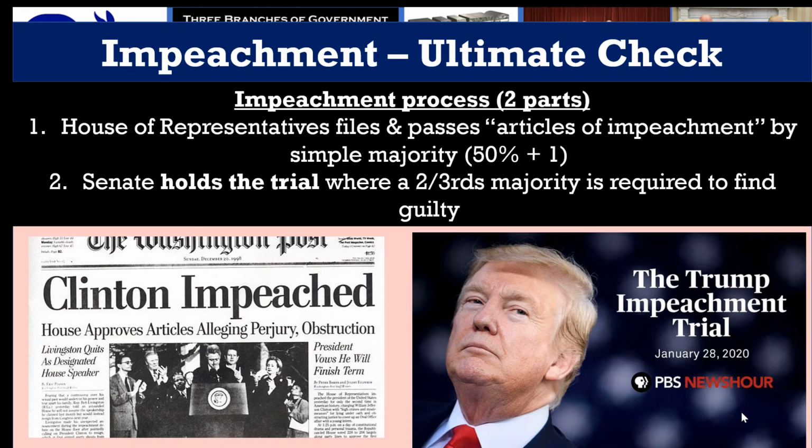While some federal judges have been impeached and removed, it has never happened to a president. 3 presidents have been impeached by the House of Representatives, which requires a simple majority vote, President Trump being the most recent. But all 3 were found not guilty by the Senate, which holds the trial and requires a 2/3 majority to find them guilty.